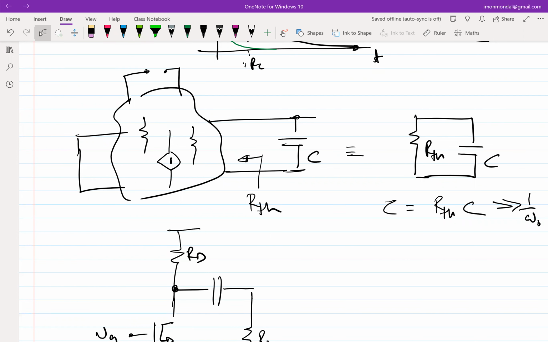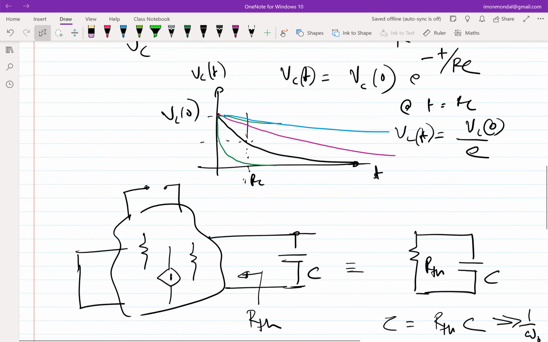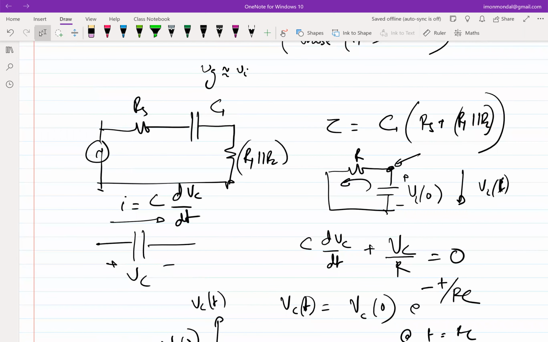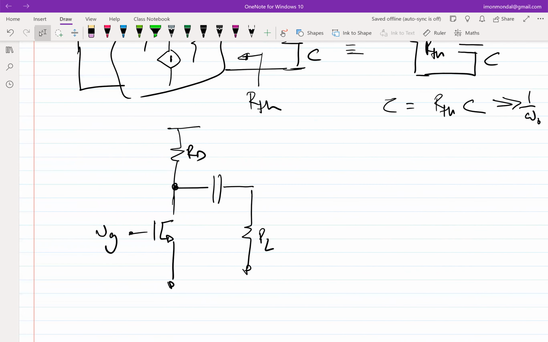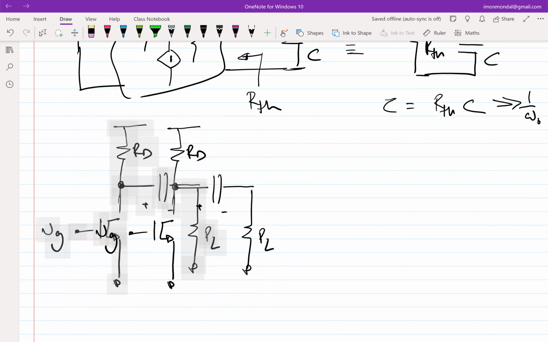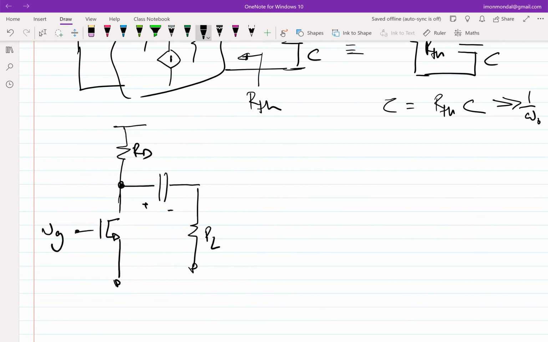So in this particular case, let's do the new case, right? If I associate my time constant, and I sketch the incremental model, what do I get?